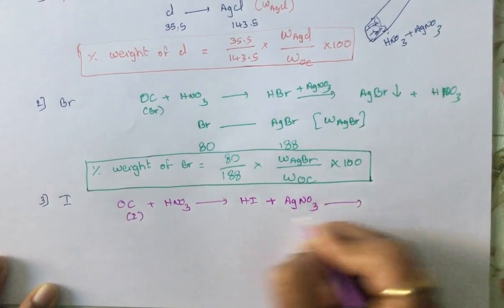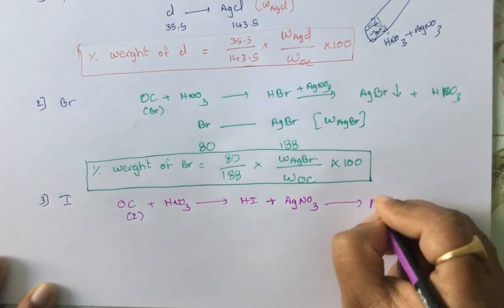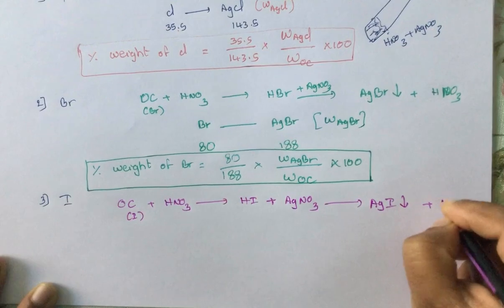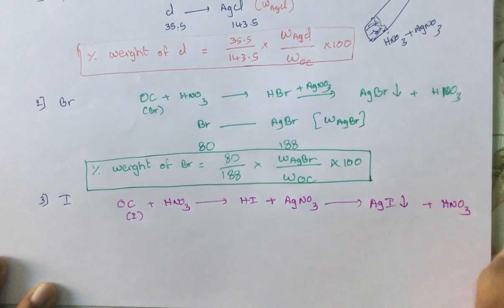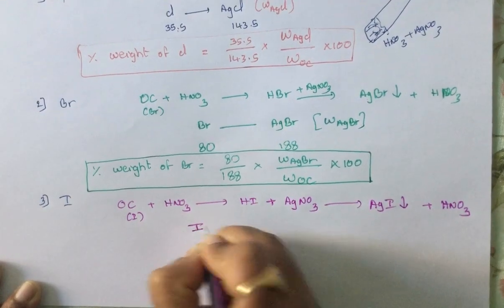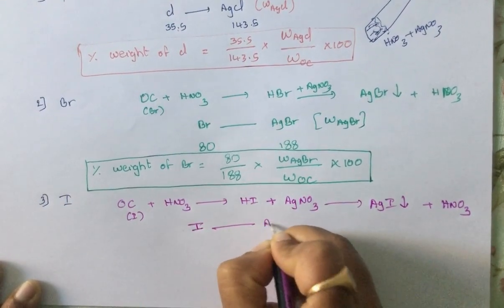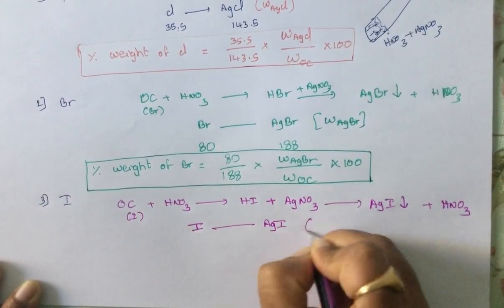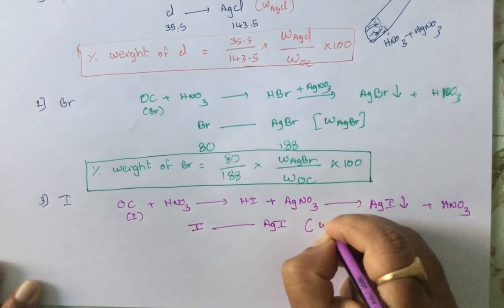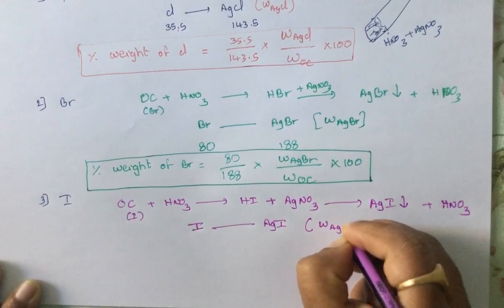So now it forms a silver iodide precipitate, leaving HNO3 acid. Finally, the iodine present in the organic compound is converted into silver iodide, a precipitate. Filter the precipitate and find the weight of silver iodide.